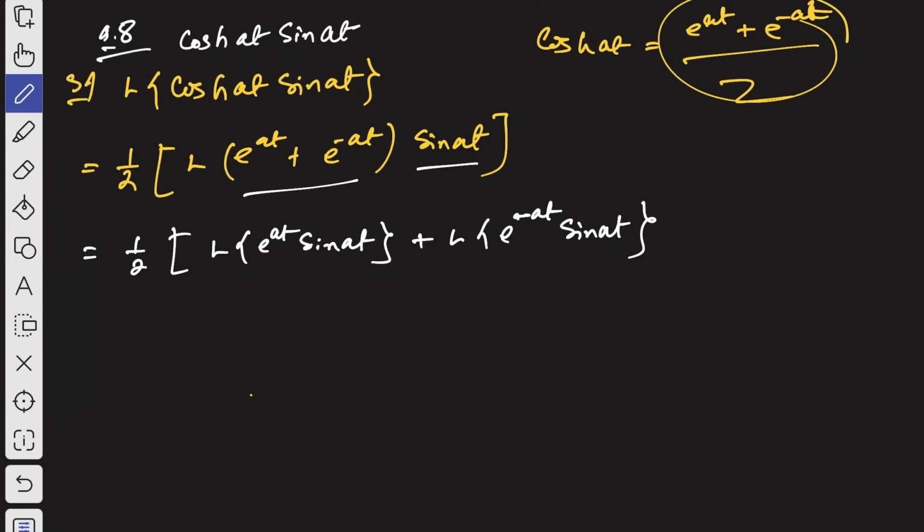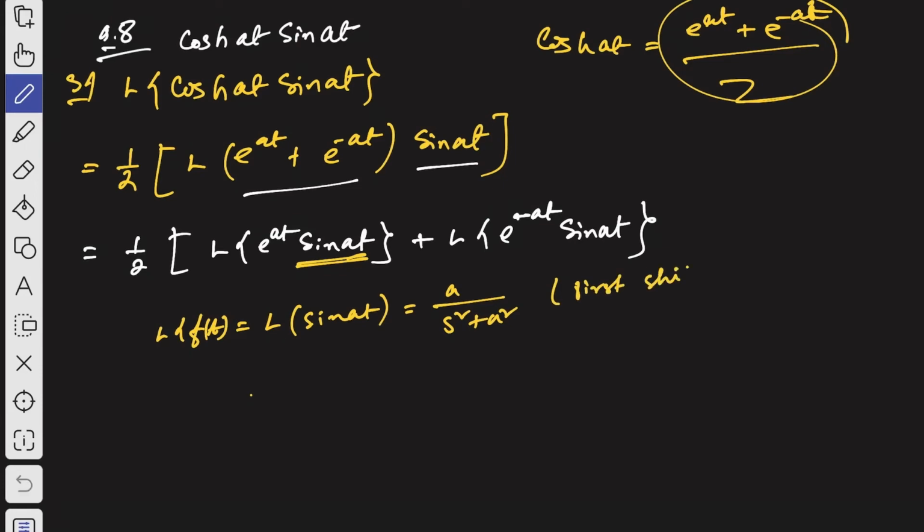So let us apply the first shifting. Here consider this one as f of t, then let us find the Laplace transformation of f of t, which is the Laplace transformation of sine at. The Laplace transformation of sine at is simply nothing but a by s square plus a square, that is by the first shifting theorem.